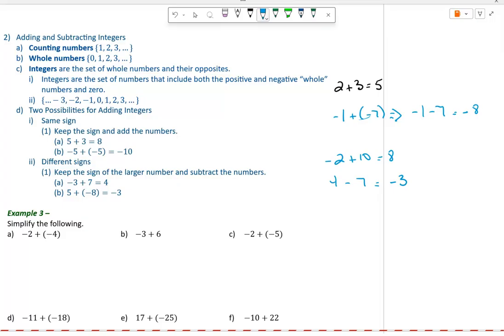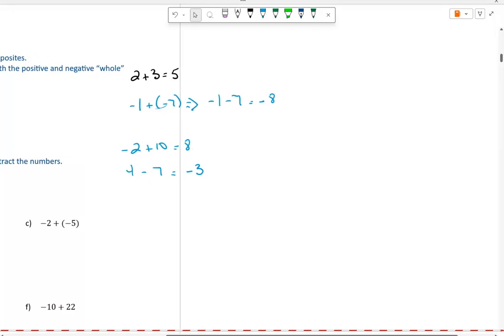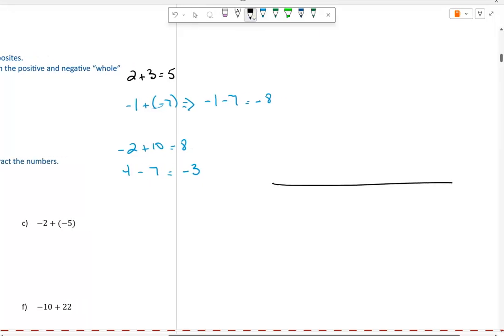And then I'm going to use the number line real quick, okay? You don't have to use this, but here's what it would look like on a number line. So there's -1, -2, -3, -4, -5. All right, so we're going to start at 0.